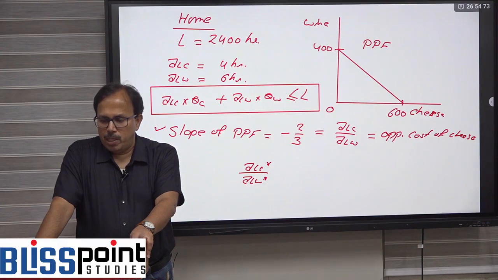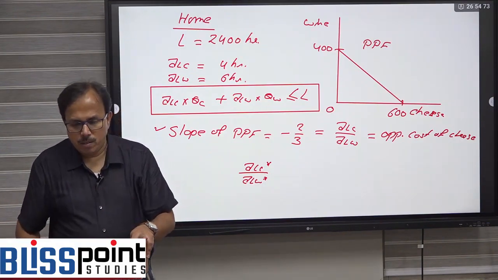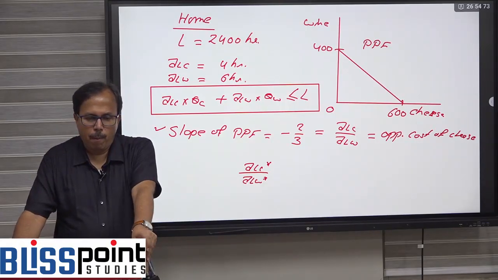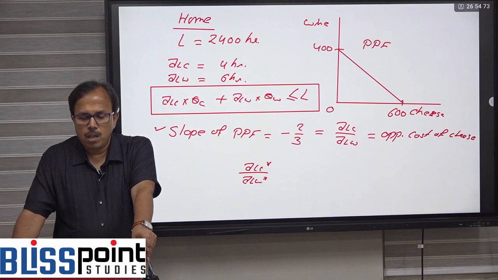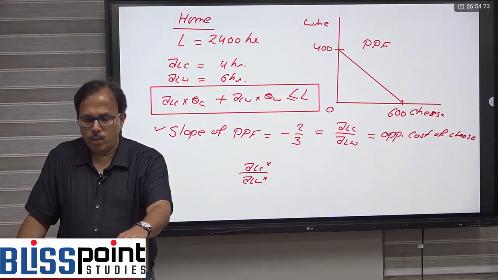Slope of PPF measures opportunity cost, that is, cost of one good in terms of other good.